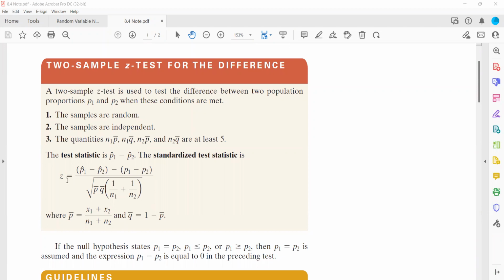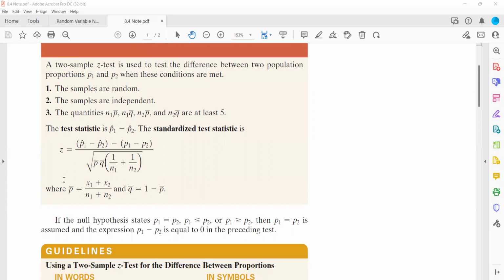Then to find the p-value, the probability value, here you have your Z, and you're going to find the area. So you're going to use your calculator, normal CDF. Depending on if you have a left-tailed, right-tailed, or two-tailed graph, you're going to use your calculator and find that area.